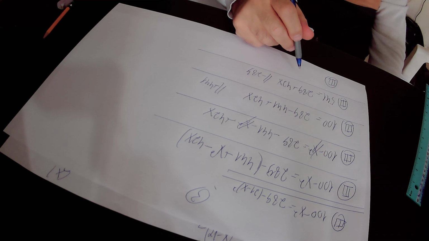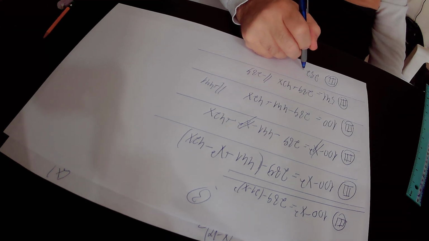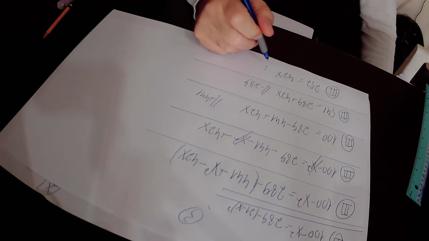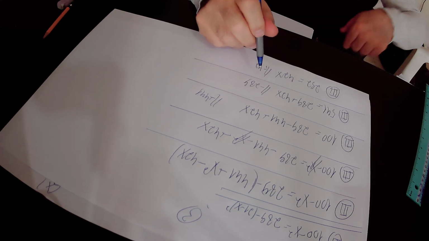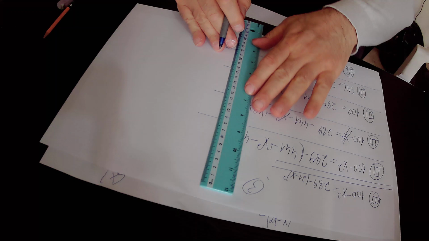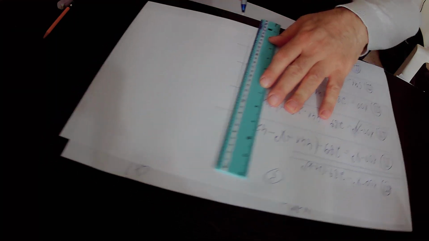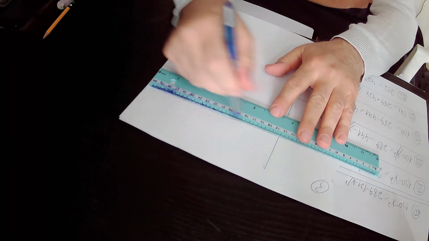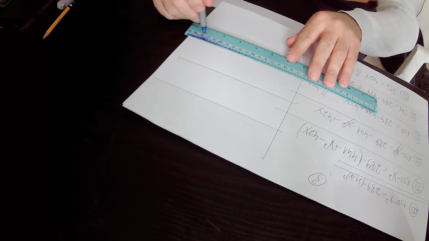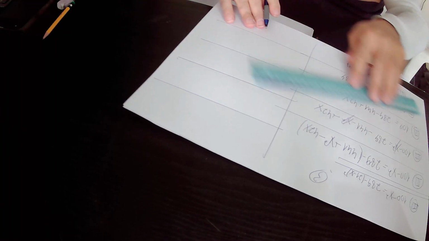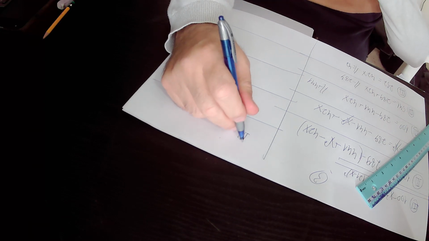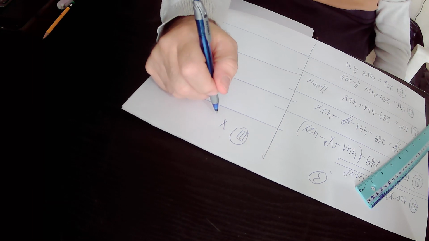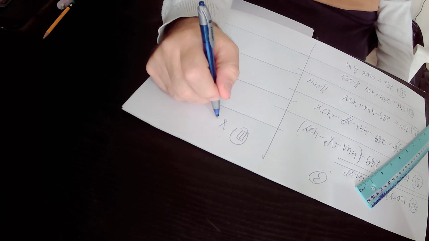Here we subtract 289, and we get that 541 minus 289 equals 252, so 252 equals 42x. Here we divide the equation by 42, and we find that x equals 252 over 42, which equals 6.